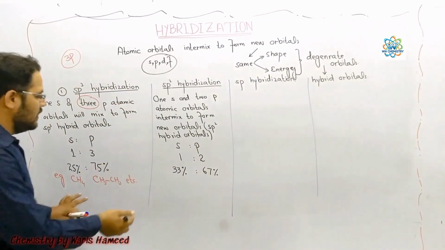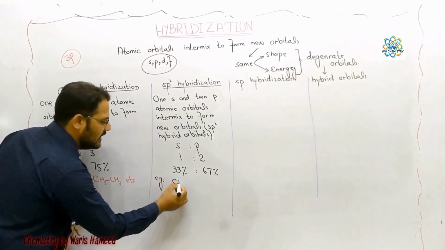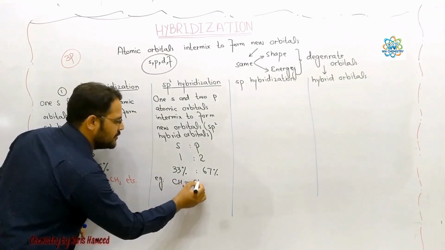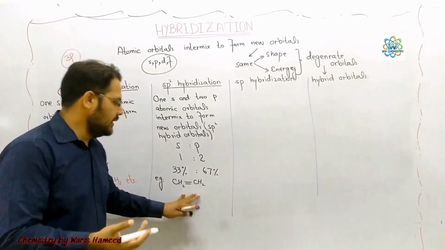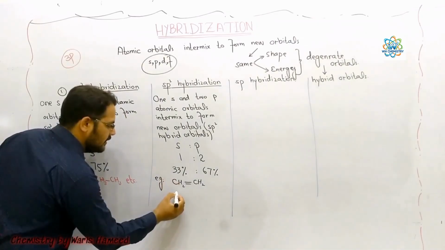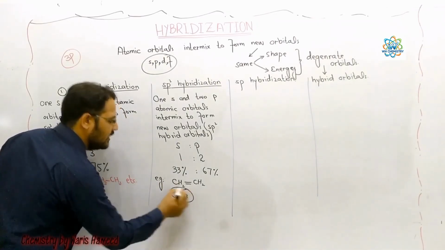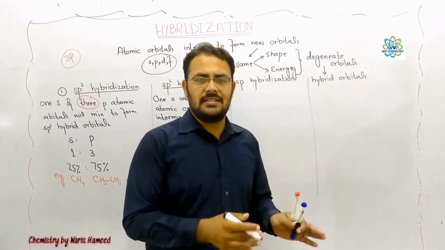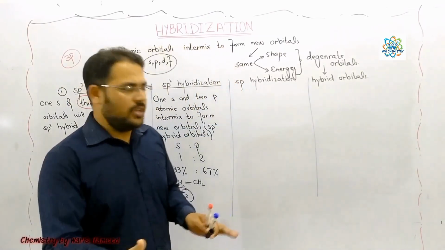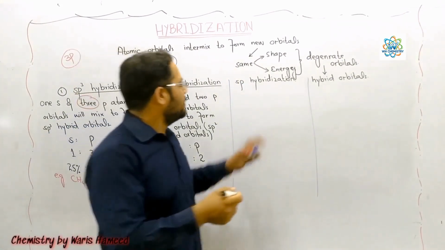Here are some examples, like CH2=CH2, which is ethene, and we can write BF3, boron trifluoride, but I am not going to discuss inorganic compounds. It's just related to organic compounds. It will be discussed in the chemical bonding chapter of first year.